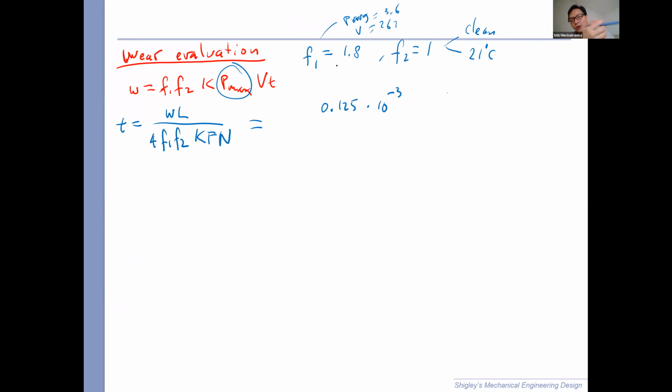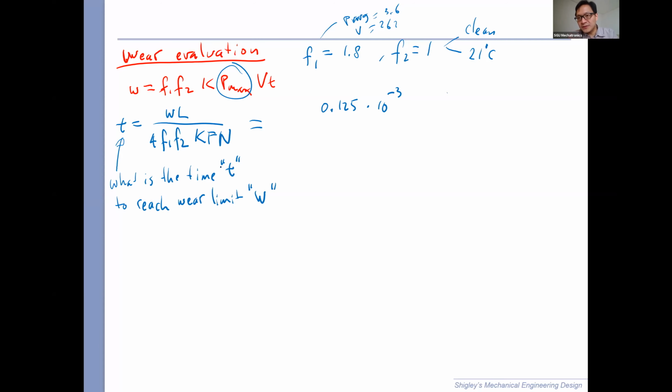The other way to look at this formula: what is the time T to reach wear limit W?